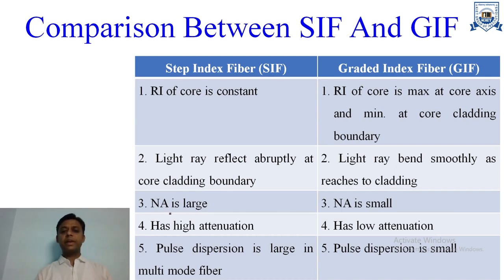In step index fiber numerical aperture is large, but in graded index fiber numerical aperture is small. Step index fiber has high attenuation, graded index fiber has low attenuation. In step index multi-mode fiber pulse dispersion is large, but in graded index fiber pulse dispersion is small.